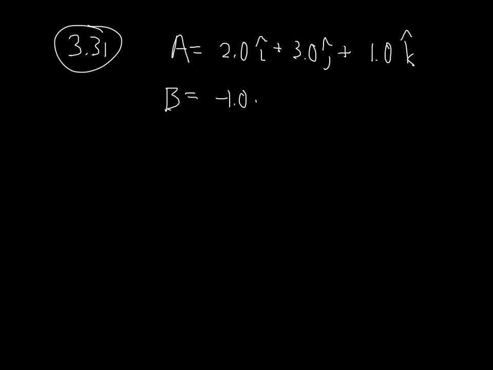We have 3 vectors given by A equals 2.0 in the i hat direction plus 3.0 in the j hat direction plus 1.0 in the k hat direction. We have another vector B that's negative 1.0 in the i hat plus, I don't know, I'm probably mixing them up. I started mixing them up.